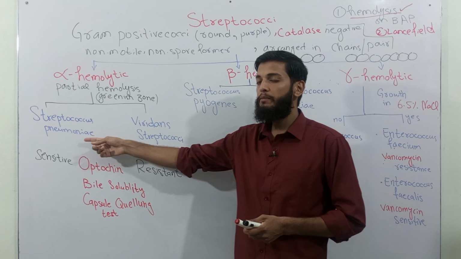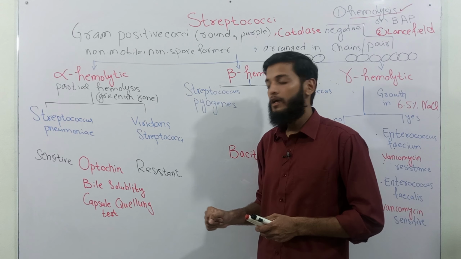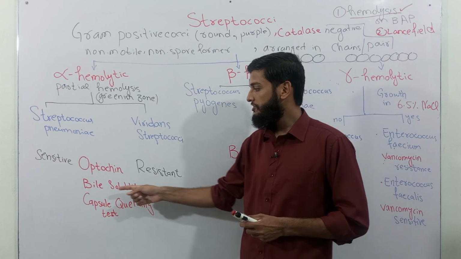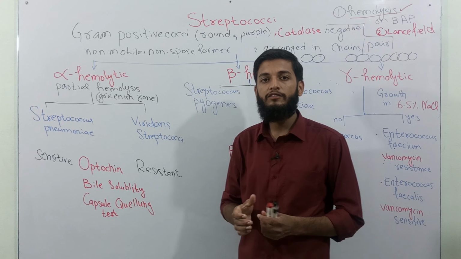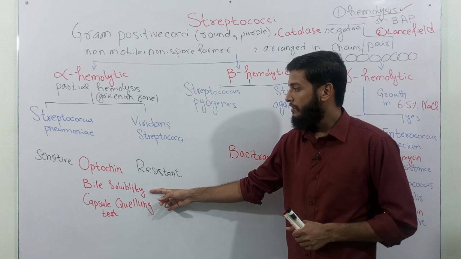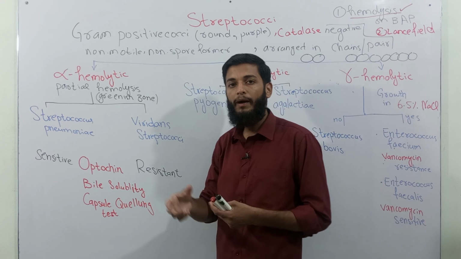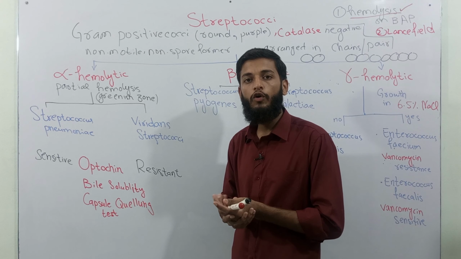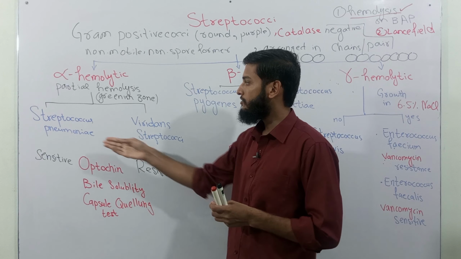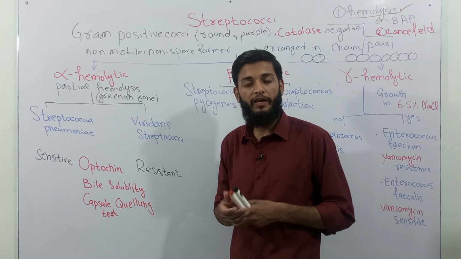The second test that differentiates between these two groups of bacteria is the bile solubility test. This test differentiates between bacteria that are bile soluble and bile insoluble. If we mix a Streptococcus pneumoniae colony with the bile, we see that the bile will be able to dissolve or solubilize the colony and the bile will turn transparent.